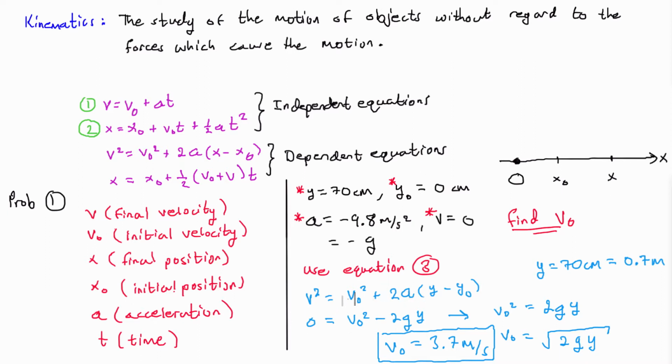Remember, over here, let's go back over here, right? You see my cursor? We replaced all the values. We substituted everything. When we got to A, we replaced it with a negative G, right? A equals negative 9.8, which is equal to negative G. Now you have 0 equals v0 squared minus 2gy, because the a became a negative g.